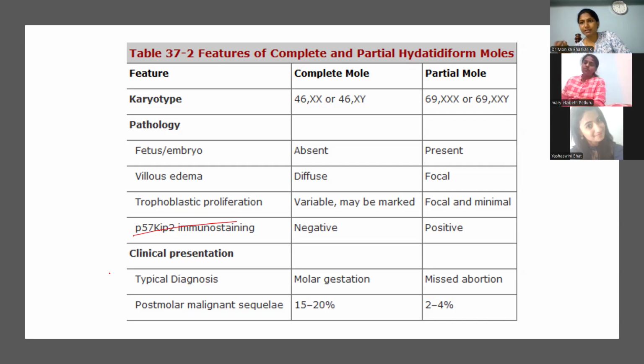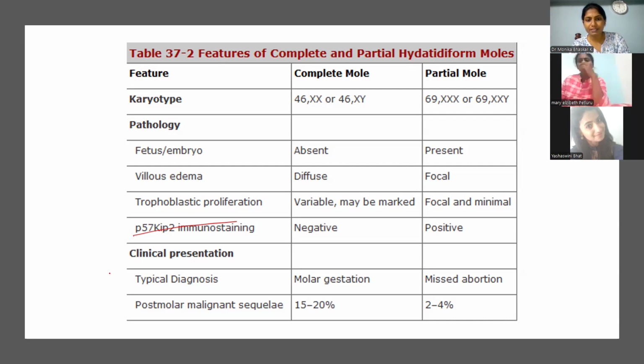So if there is a maternal component, P57 KIP2 will be expressed. If you want to recognize whether it is a partial mole or a complete mole, you can do immunohistochemistry to see whether it is positive or not. If it is positive, definitely it is a partial mole. But if it is negative, it is called a complete mole.